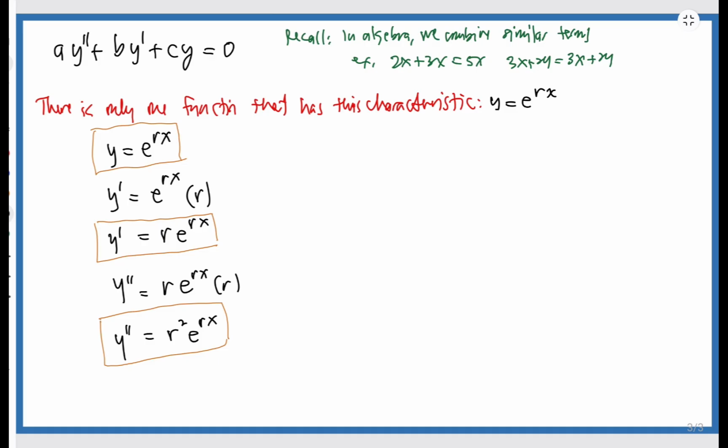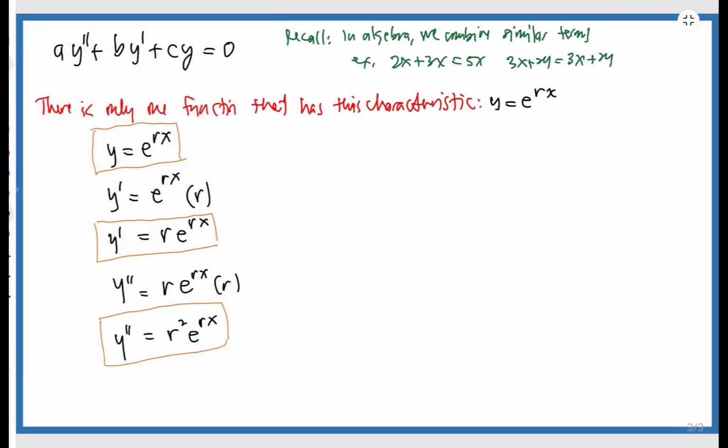Okay? So that is what we want. So in other words, we want to combine all this: y, y prime, y double prime. So when we multiply, we will get, or when we check, so we check.